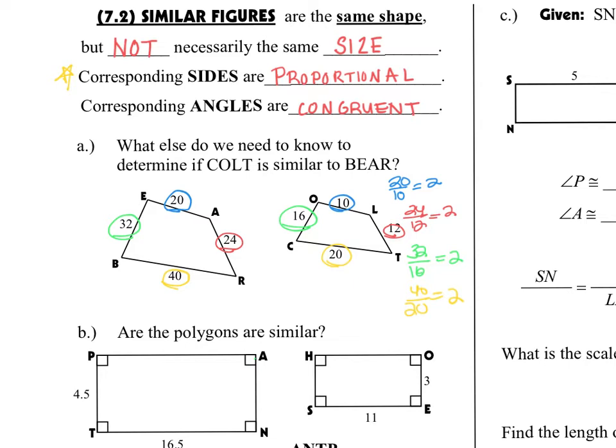What we need to know now for us to be able to say that they are similar is that the corresponding angles are congruent. And based on the information here, we don't know anything about that. So that's what we need to know: that the corresponding angles are congruent.